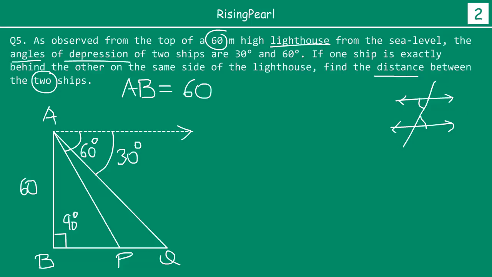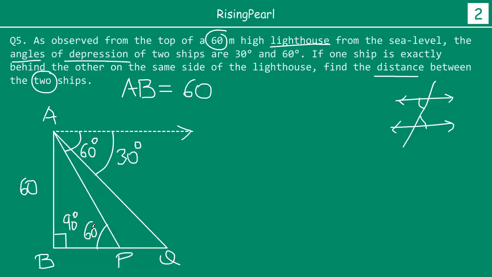This is a theorem, friends, that we have seen in earlier grades when we were doing lines and angles. This is very important for these angle of depression questions, because here we would want to convert this angle, which is actually equal to this angle.